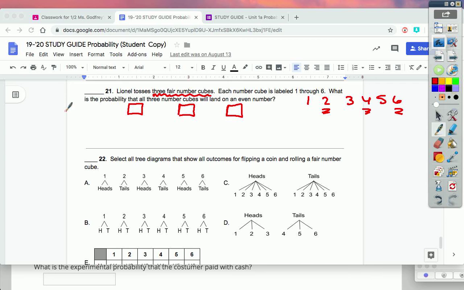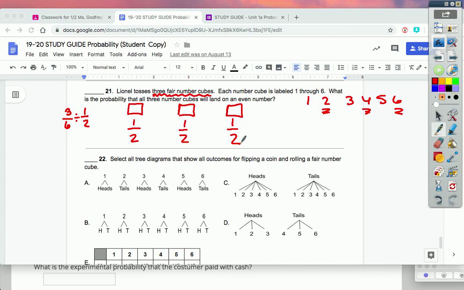So that is 3 out of 6. It can be reduced to 1/2. So the probability when we roll our first cube of getting an even number is 1/2. When we roll our second cube, it is 1/2. When we roll our third cube, that is 1/2.